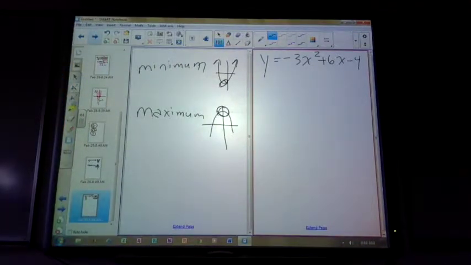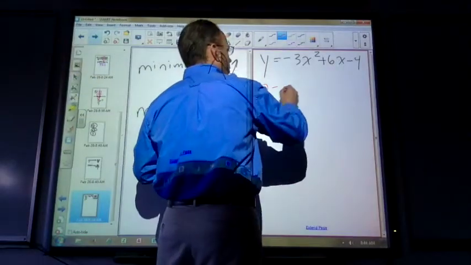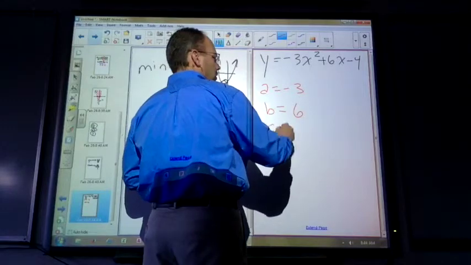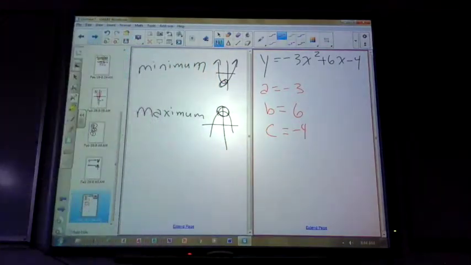Now, I made this one up off the cuff. Not sure if it's going to factor. Not sure if it has any greatest common factors. But we're going to try and work through it. What is my A value? Negative 3. So we're filling this in as we go along. What is my B value? And my C value? Perfect. I love it.